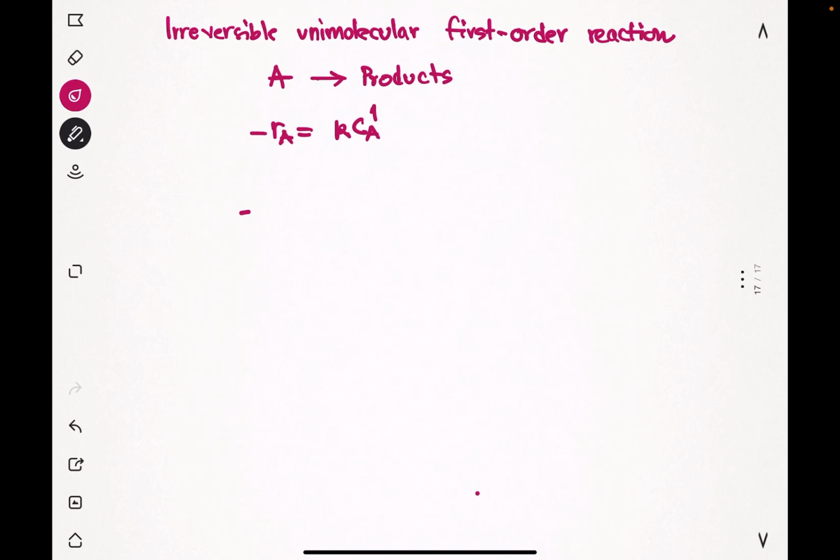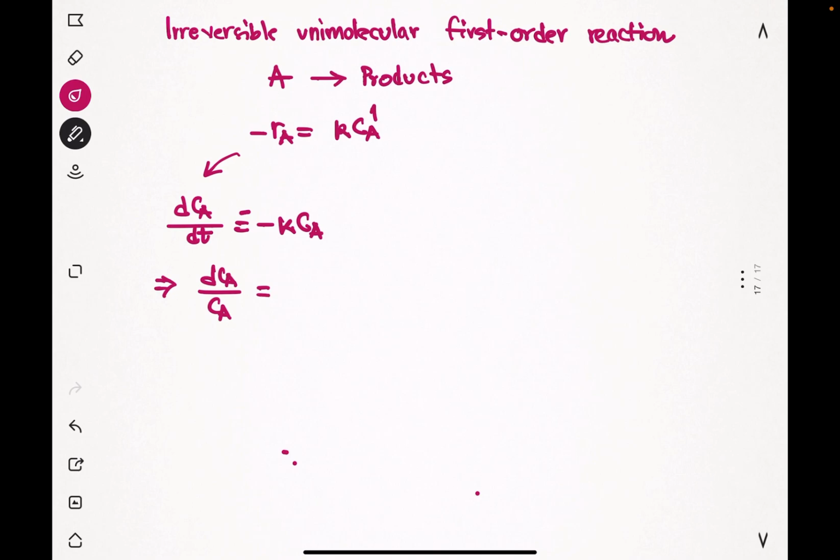For these the order is 1. From here we can write it like this. For the first order it's very simple. We separate the variables. We don't need to go into the extent.